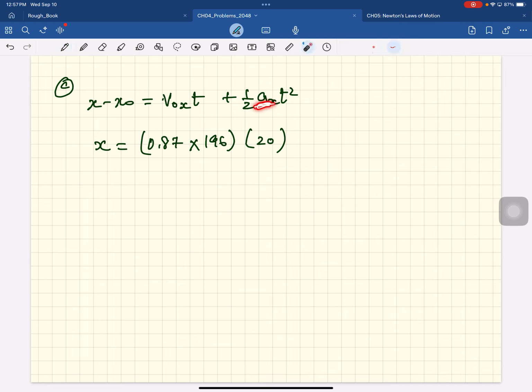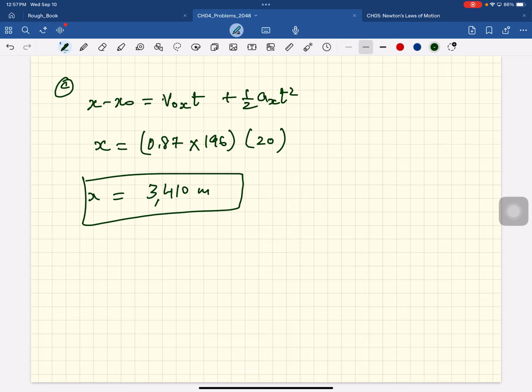And this term is 0. So that's the distance it travels in the horizontal direction. That's 3 kilometers, a little over 2 miles. Where do you keep getting the 20 from? That's the time of flight, 20 seconds.